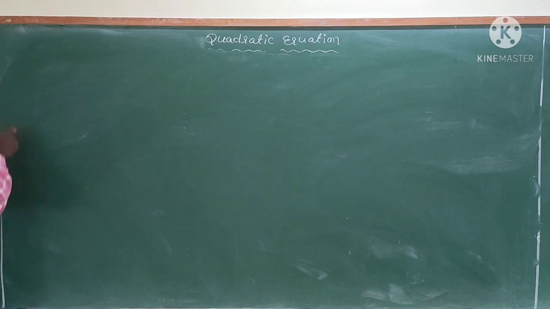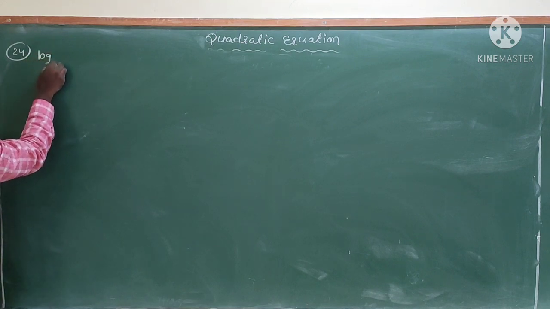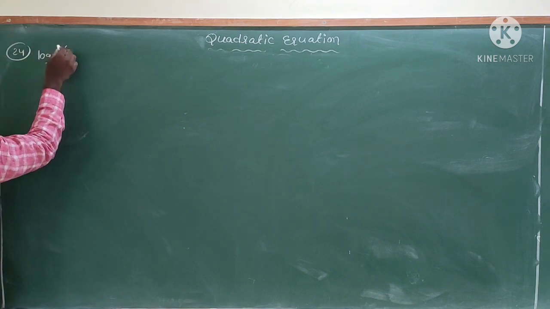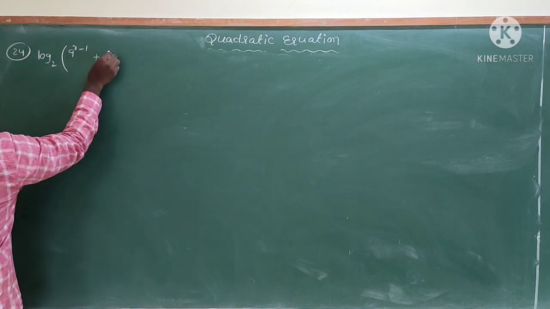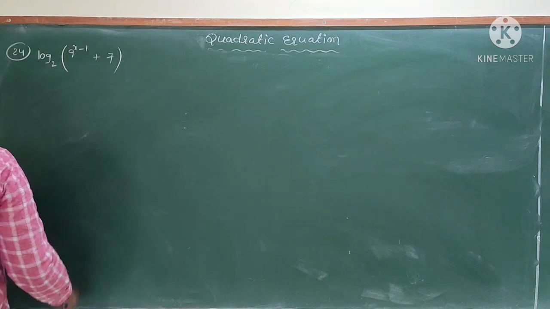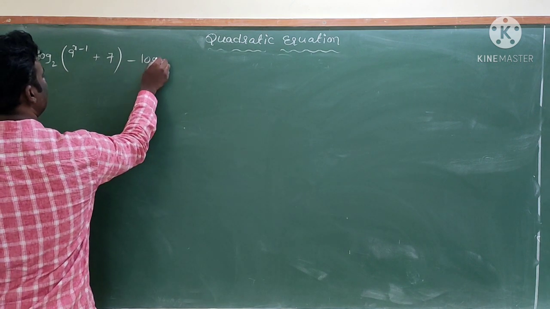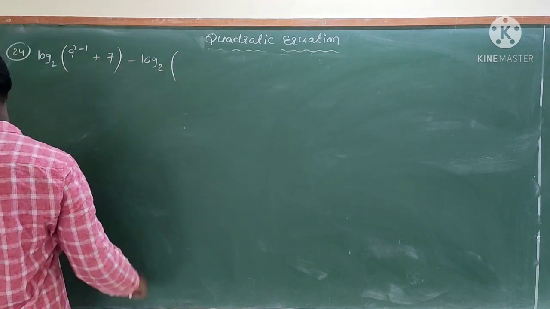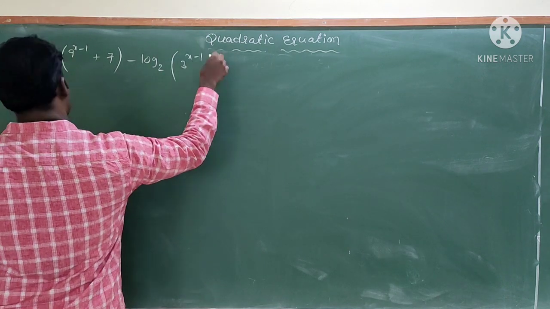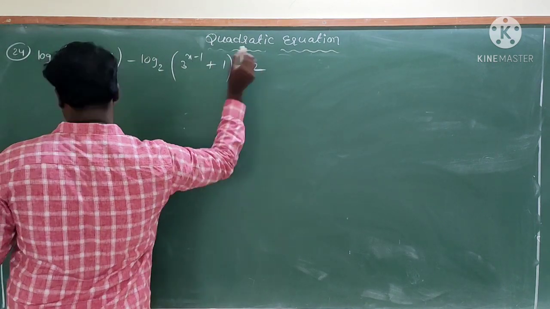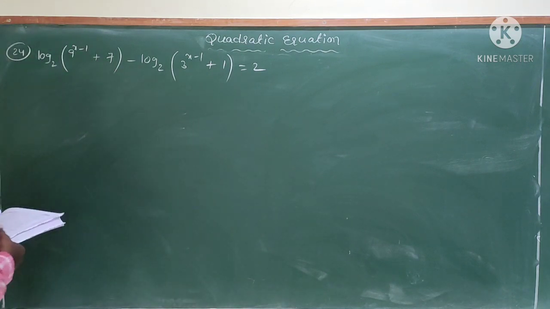Next, 24th question. Log base 2 of 9 power x minus 1 plus 7, minus log base 2 of 3 power x minus 1 plus 1, is equal to 2, then the x values are.